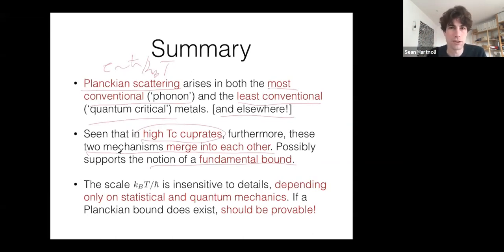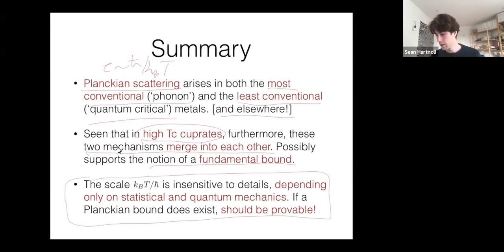Of course, for this logic to work, there has to be a reason that things want to saturate the limit, right? It's obvious why cars want to go fast. It might not be obvious why quantum systems want to saturate a bound, right? If you want to say a bound explains universality, you have to explain why things want to saturate the bound. Okay. And then finally, as a sort of encouragement, and coming back to Carl's comment earlier, this scale is really a universal scale.